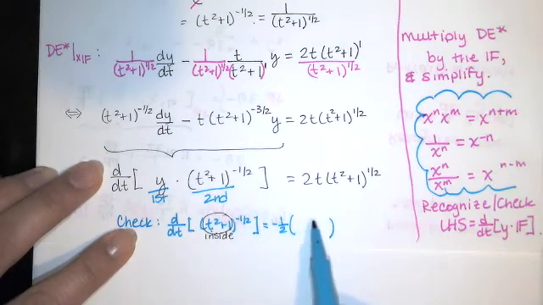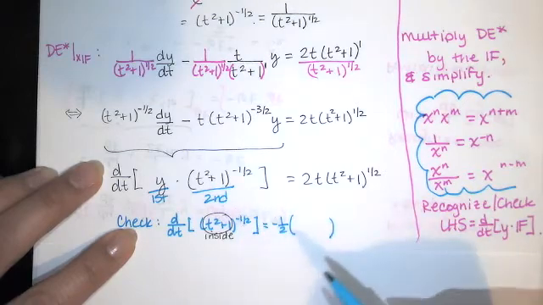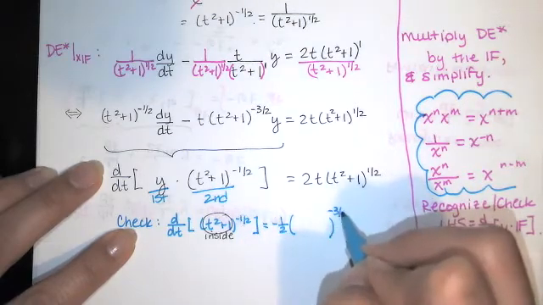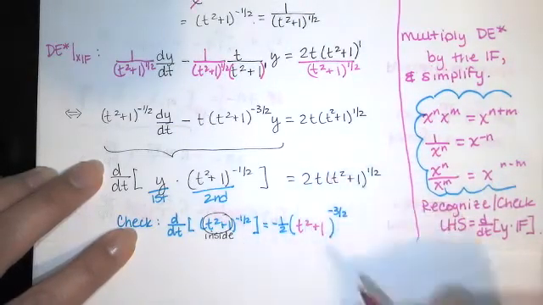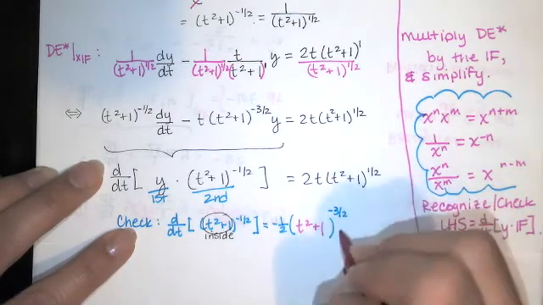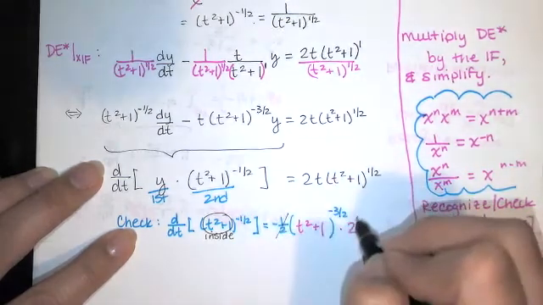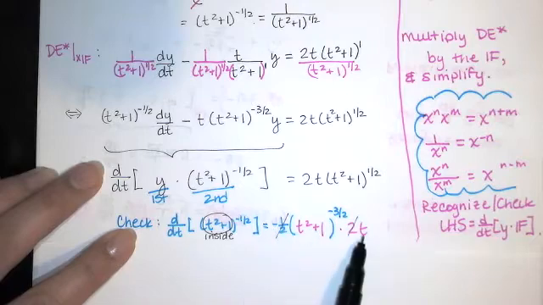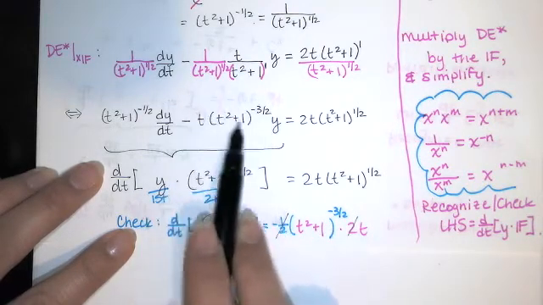So we have negative 1/2 minus 1, that's going to be negative 3/2. Then you plug the inside function back inside, and then you multiply by the derivative of the inside by the chain rule. The derivative of the inside is 2t. Check it out, the 1/2 and the 2 reduce, and we end up with a negative t times t squared plus 1 to the negative 3/2, and that's exactly what we have there.